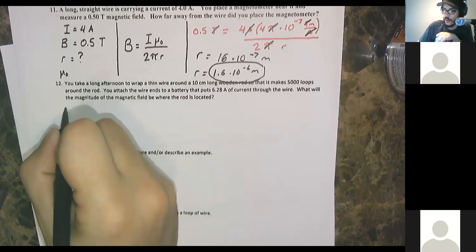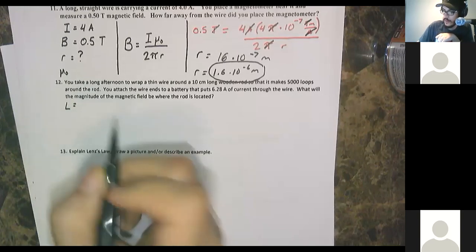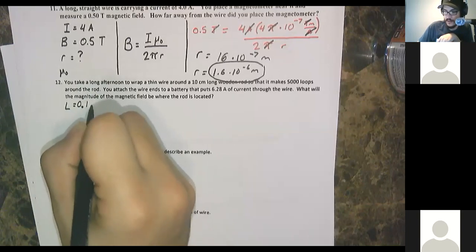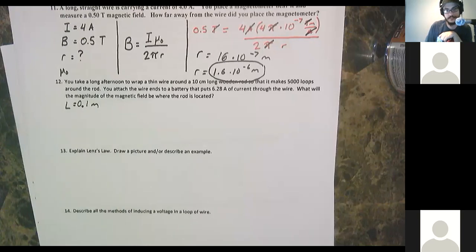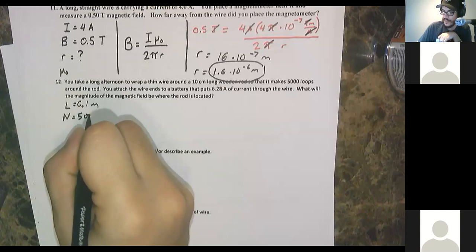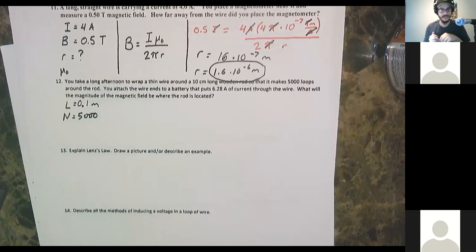So we have a solenoid, a coil, that is 10 centimeters long. I prefer to think of 10 centimeters as 1/10 of a meter. You can call it 10 centimeters if you want. And the number of loops on it is 5,000. No unit for that, it's a counting number.